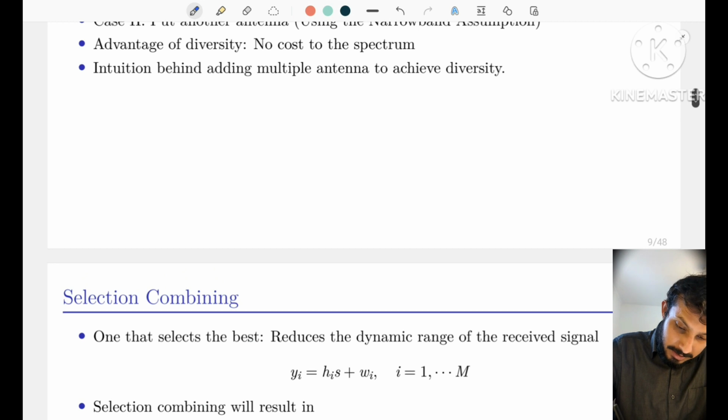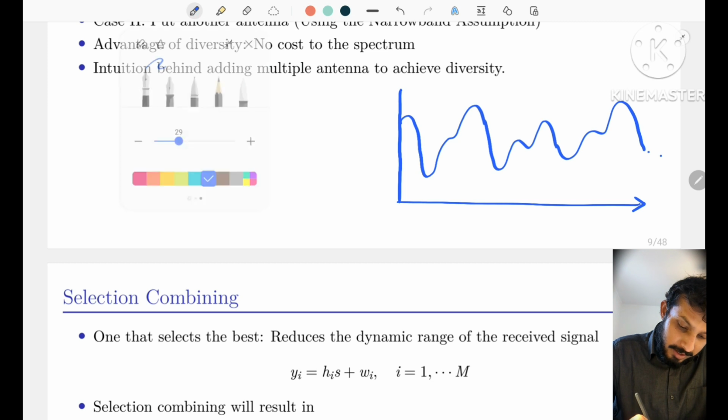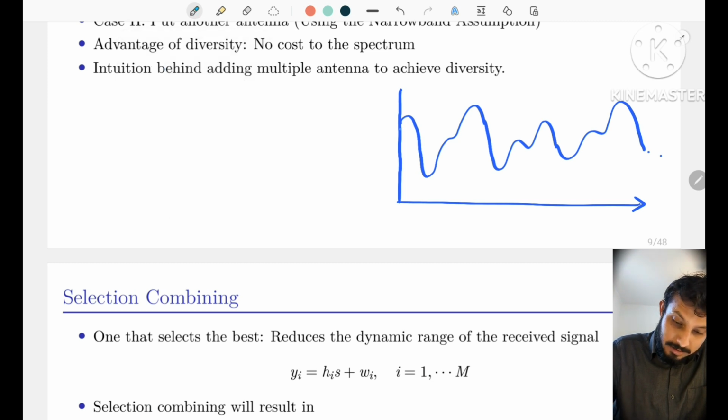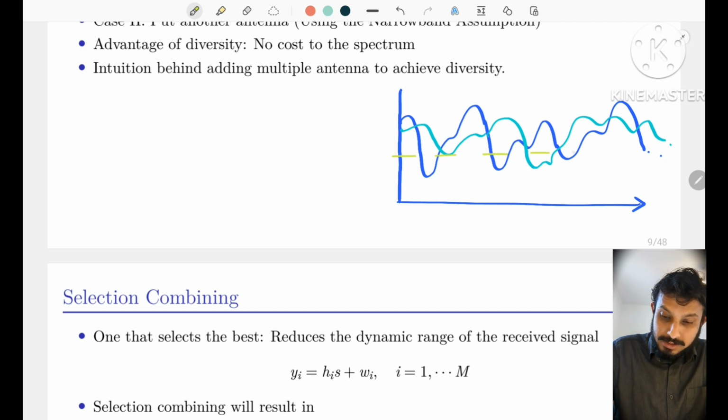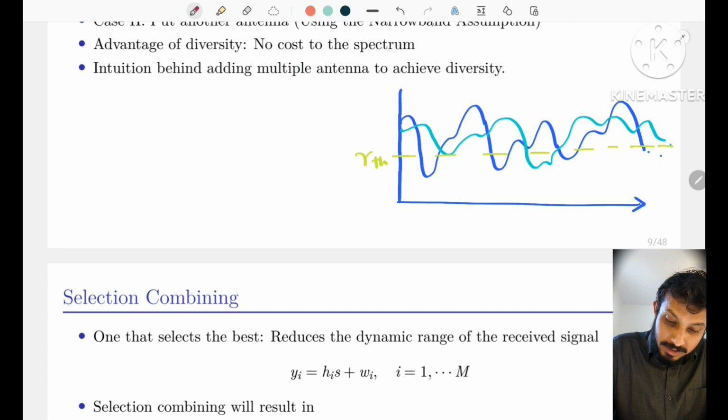And there we have seen that if we have a signal coming at the first branch, let's say in this form, and we have another signal that is coming, and if we have a level crossing rate, let's say this is the LCR or gamma TH, and then if we combine these two signals, it will select the best of the two branches.